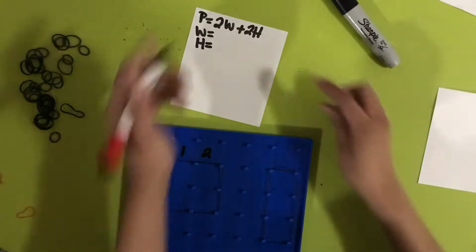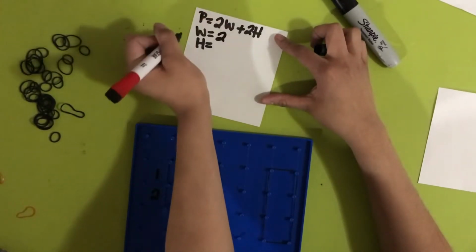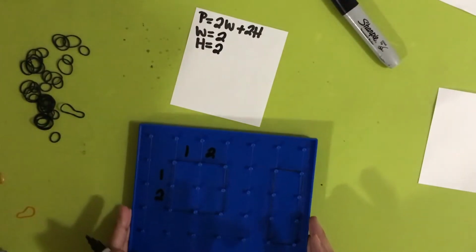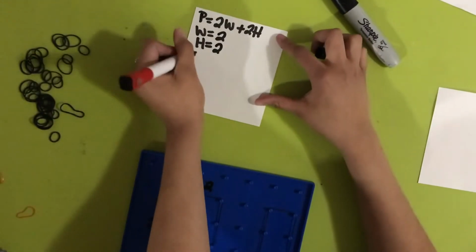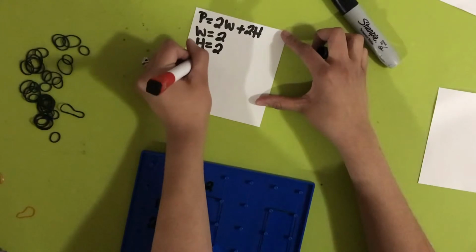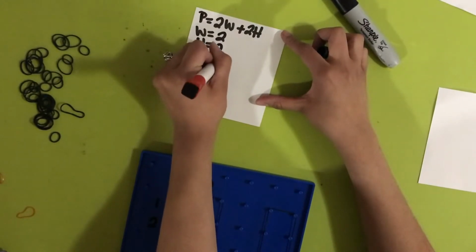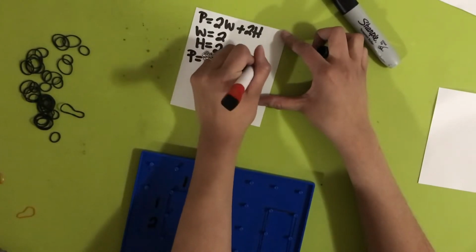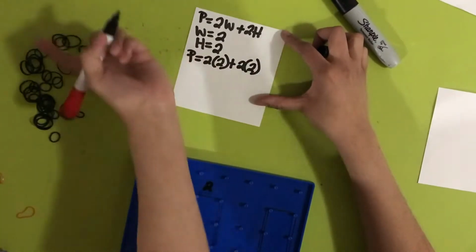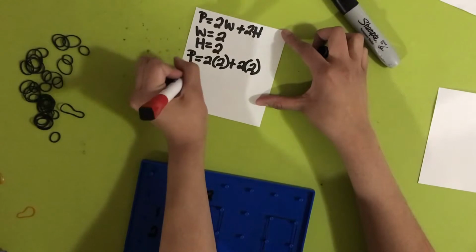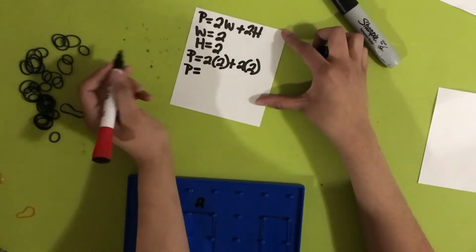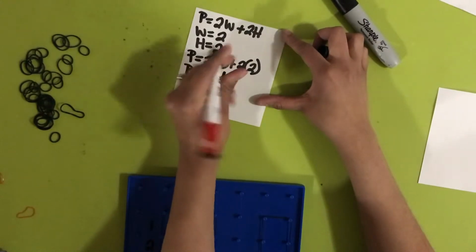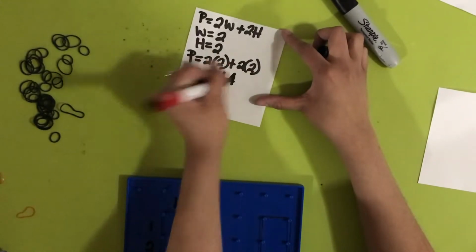Let's plug those numbers in. W equals 2, H equals 2. We can plug these numbers into our formula so that P equals 2 times 2 plus 2 times 2. Now, order of operations, we know that we have to multiply first. So we have 2 times 2 is 4, plus 2 times 2 is 4.